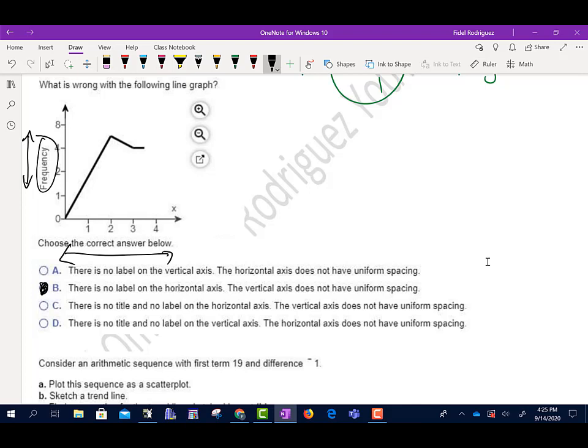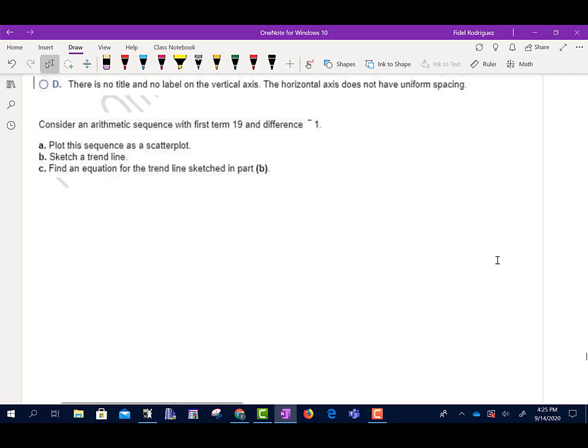And part C says there's no title on that graph. That's correct as well. There's no label on the horizontal axis and the vertical, so I would go with C actually here, because not only do we not have a title, but we don't have a label on our horizontal axis, and the vertical axis does not have any uniform spacing. Okay.